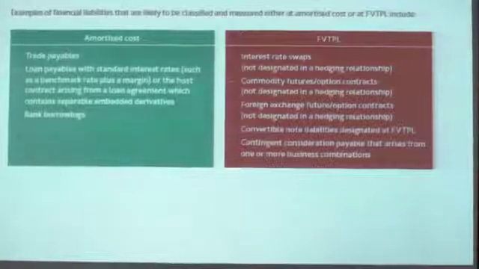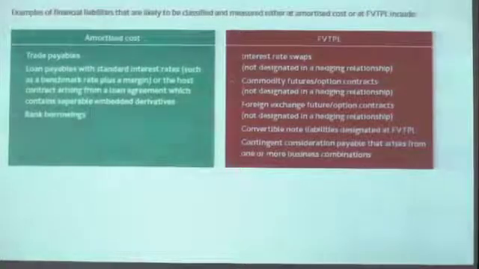What are the financial liabilities that come under amortized cost, and what are the financial liabilities that come under fair value through P&L? Let's take trade payable, amortized cost. Loan payable with standard interest rate, bank borrowings, generally applied borrowing, amortized cost.